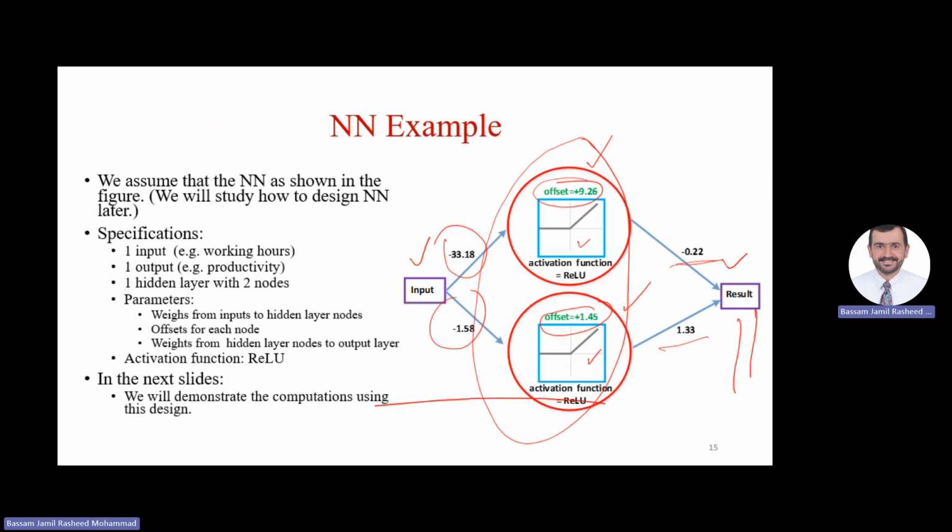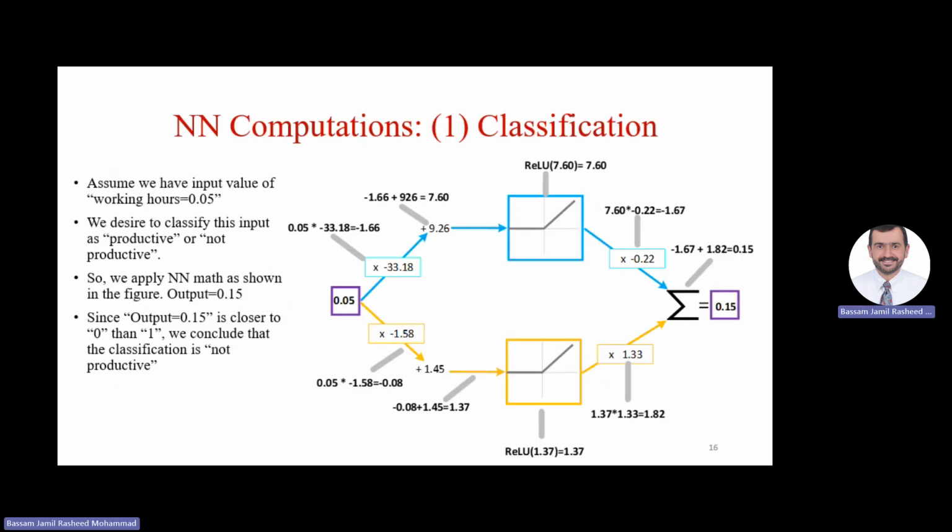Notice the output node doesn't have any bias or any activation function. It just sums the connections that come to it with the weights. Now, we're going to show you how we perform the computations and how this model is doing well.